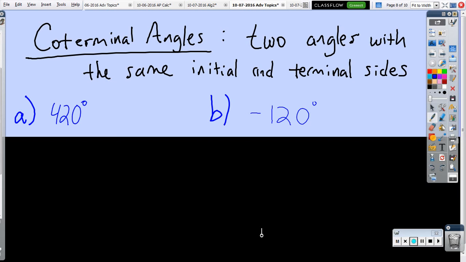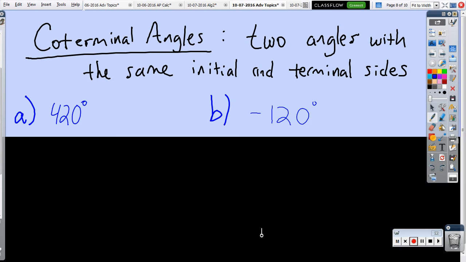You can think, if my terminal side goes this way because it's negative, where would it land? Wherever it lands, if you went the other direction, it would need to land there too, and whatever angle that is, that's the coterminal angle. Or, if you know it repeats every 360 degrees, you can just add 360 to negative 120 and be done.